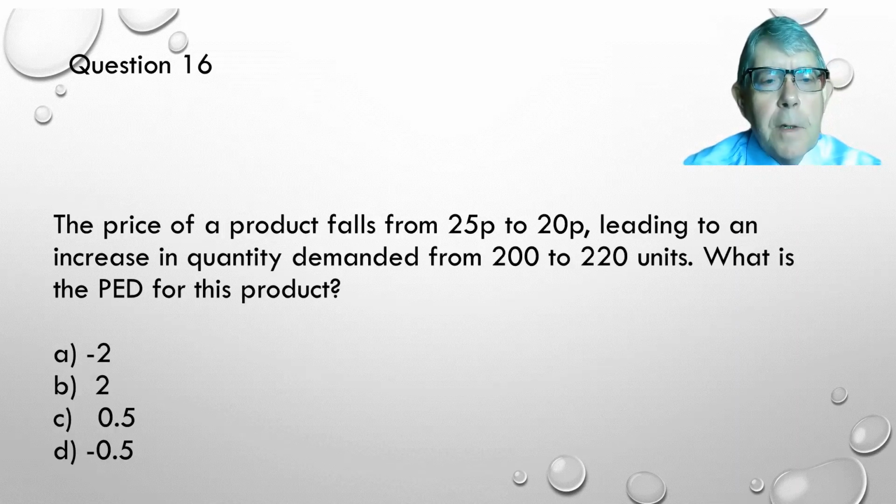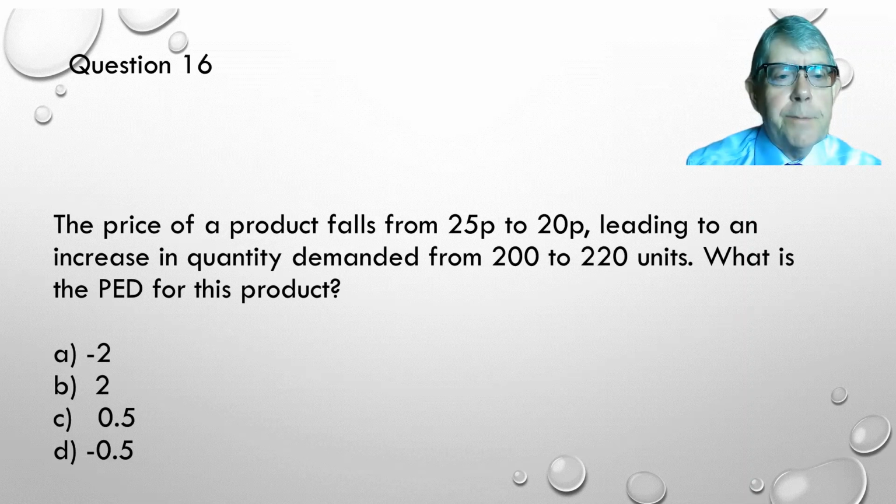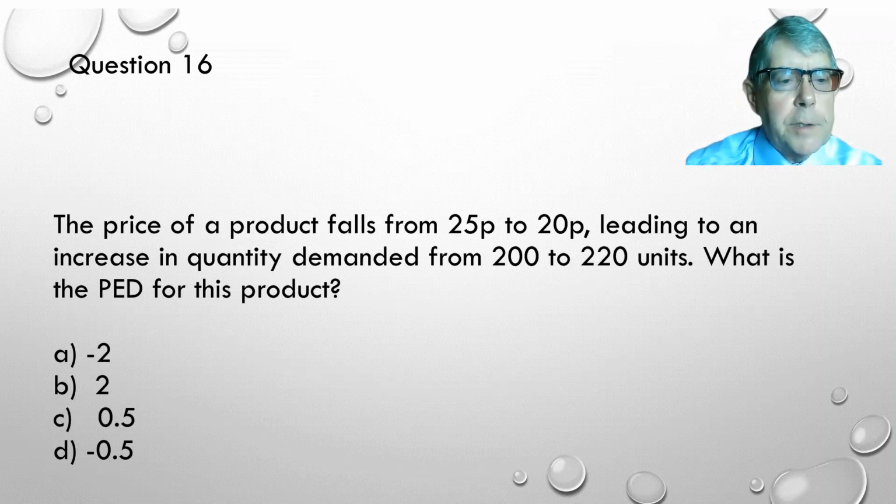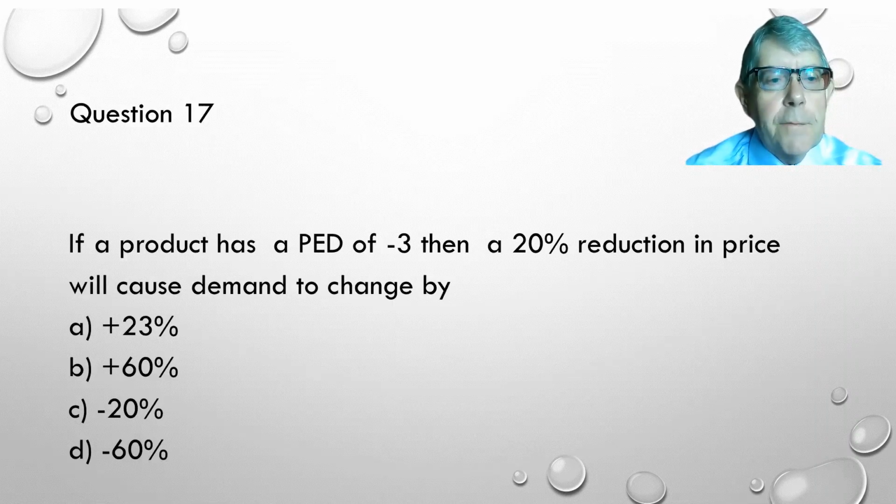Question 16. The price of a product falls from 25p to 20p, leading to an increase in quantity demanded from 200 to 220 units. What is the PED for this product? Is it A, -2, B, 2, C, 0.5, or D, -0.5? Question 17.